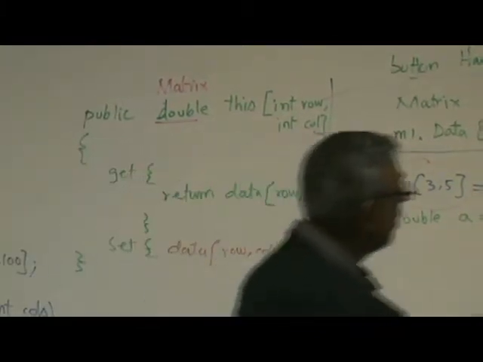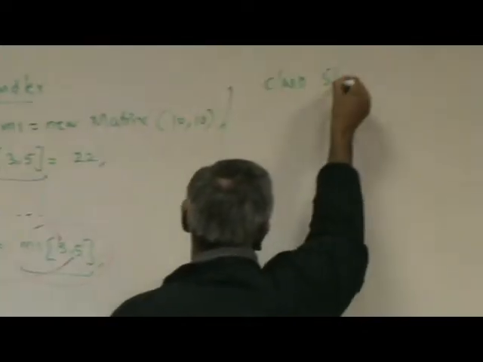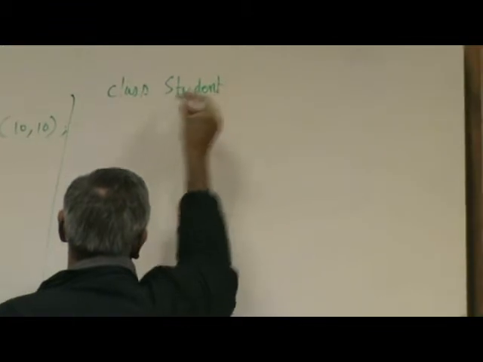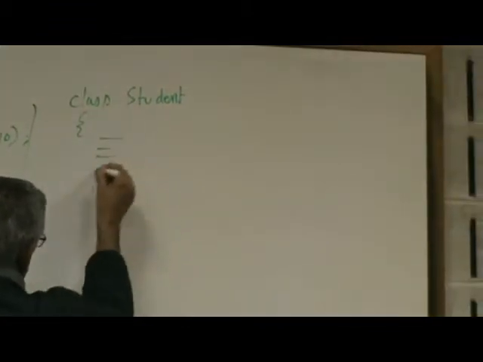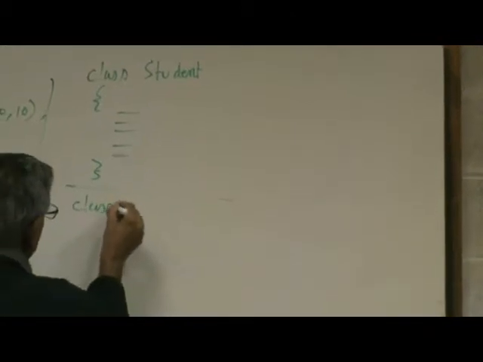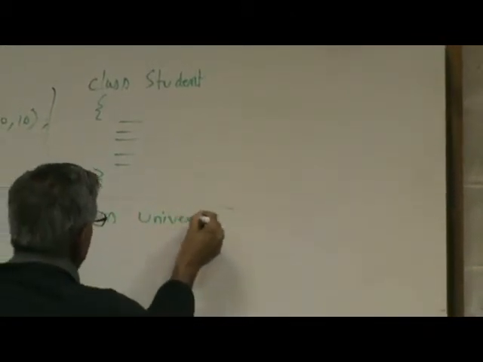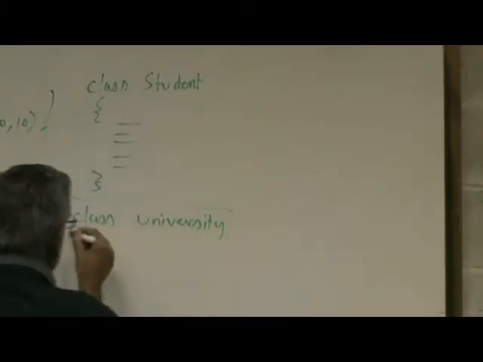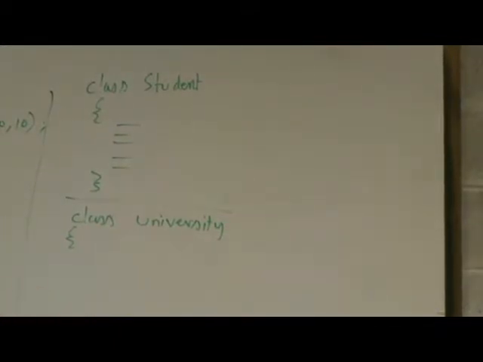so remember we had something like this, class student. Suppose we have those 5 fields over here, right? Suppose we have a class called university, and suppose the university contains a collection of students.